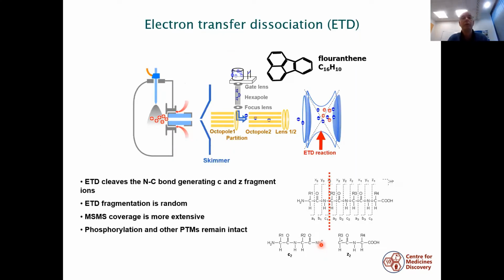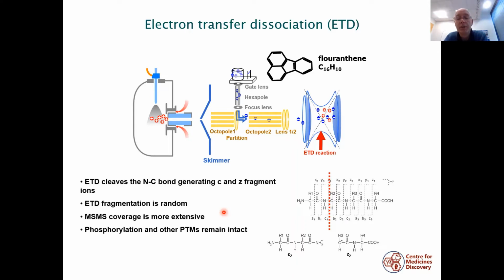Before we move on, just to say something about electron transfer dissociation. ETD, I've described this before, but ETD is a different fragmentation mode. The advantage of ETD is it is random, which is good, and the MSMS coverage is more extensive. And critically for post-translation modifications, phosphorylation and other PTMs will remain intact.